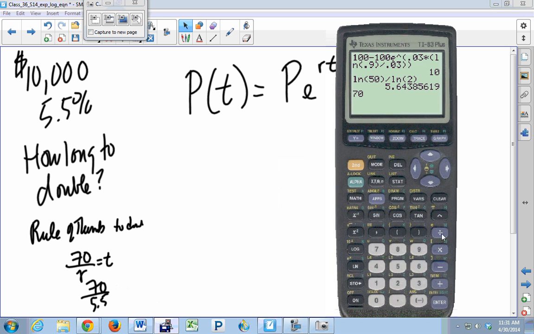This is a little more than 12 years, closer to 13, right? About 12.7. So about 12.7 years. That's our rule of thumb. So the question is, why do we use a 70 there? In a second, I'm going to show you why that 70 is used. Well, first of all, 70 is a nice number to divide into.